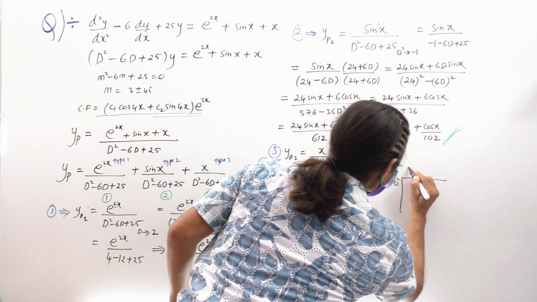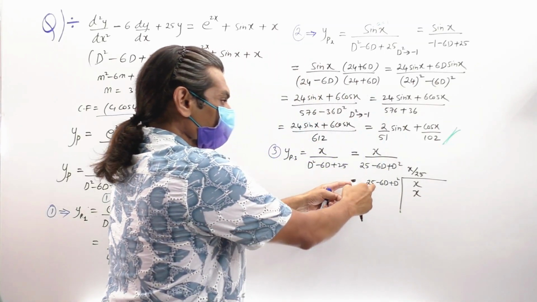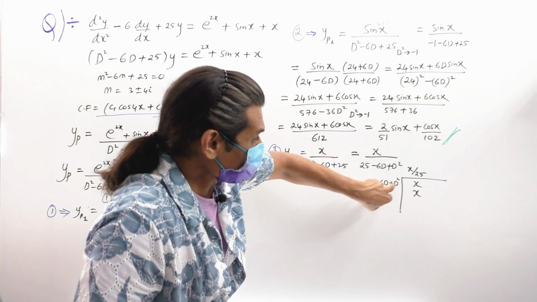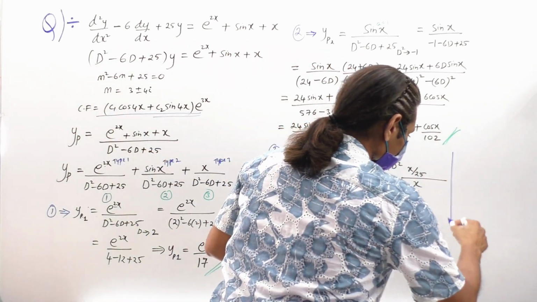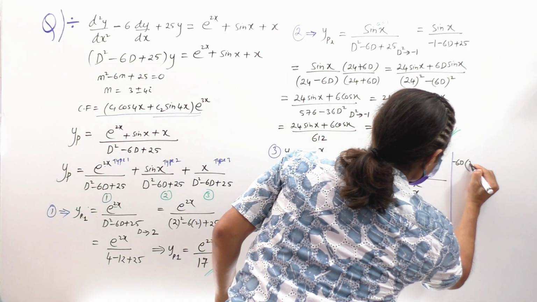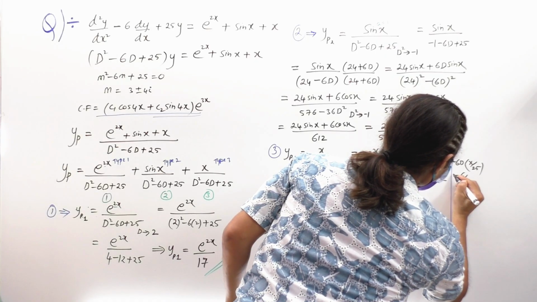So x by 25 is x by 25 only. Now multiply 6d into x by 25, with a minus sign. So minus 6d into x by 25 will be minus 6 by 25. Why?